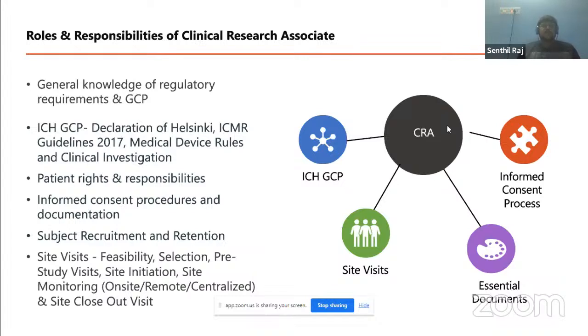To become a CRA, you have to be more aware of GCP guidelines, followed by ICMR guidelines and the medical device rules.